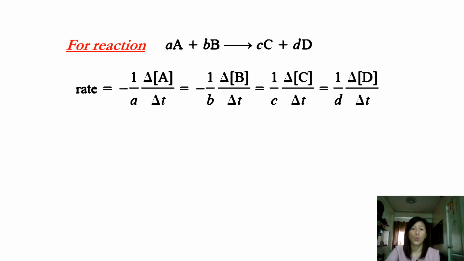So we have the rate expression for the reaction: -1 over a times the change in concentration of A over change in time equals -1 over the coefficient of B times delta B, or change in concentration of B over change in time, equals +1 over c times change in concentration of product C divided by change in time, equals +1 over the coefficient of D times change in concentration of product D divided by change in time.